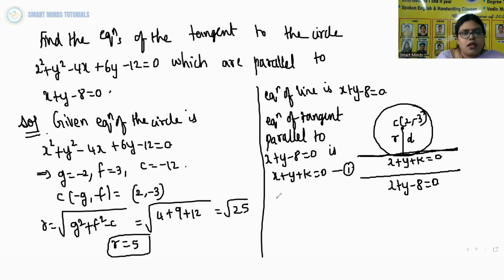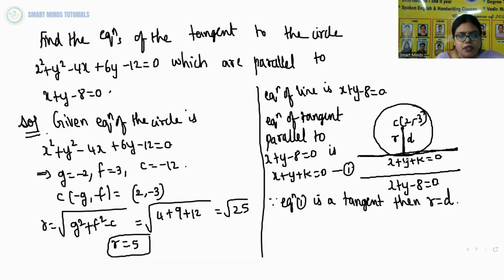Now, since equation number 1 is a tangent, what is the condition I told you? Then R is equal to D. Whenever a line touches a circle, the condition is R is equal to D. With the help of the figure, I have shown you how R is equal to D. This is the radius and also this is the perpendicular distance from the center to the line.